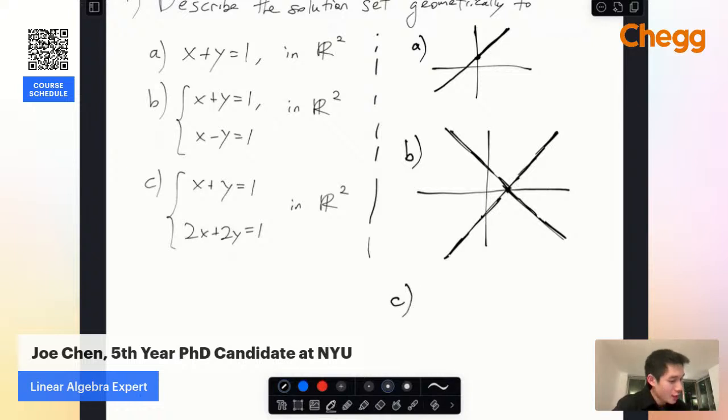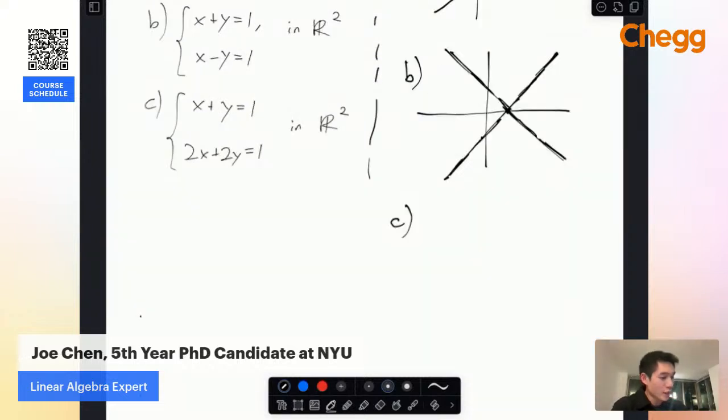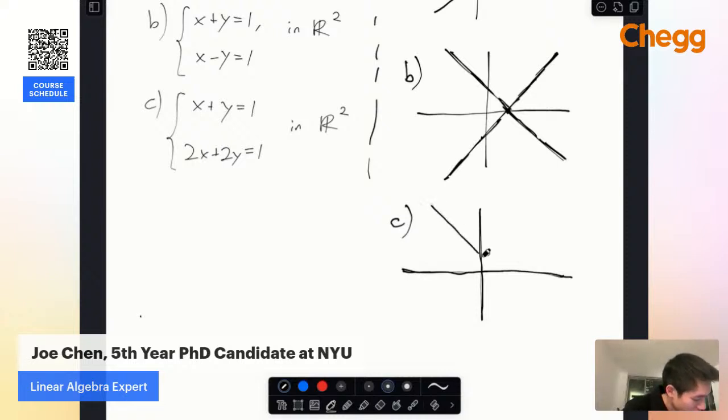And then for C, again we have 2 lines in R2, so we might think that the intersection is again a point. But if we try to draw this, for the first line, x plus y equals 1, we get this line.